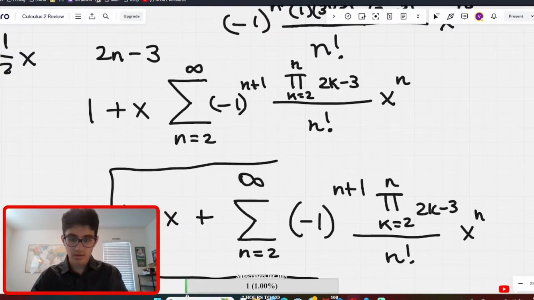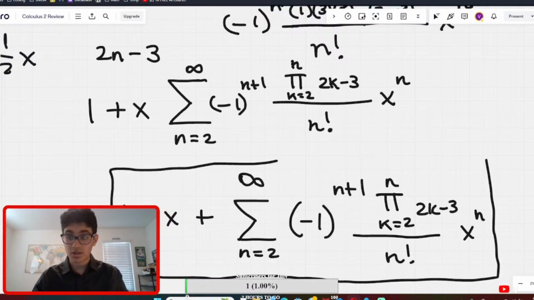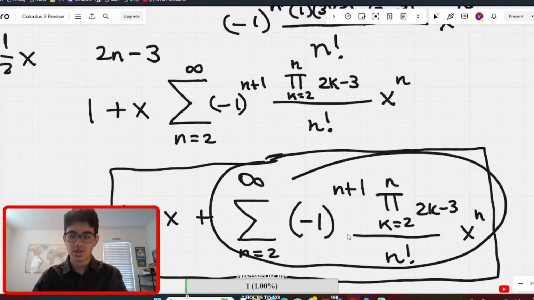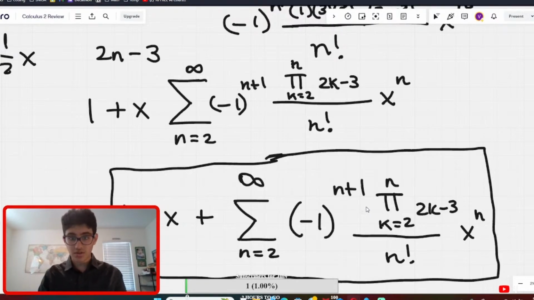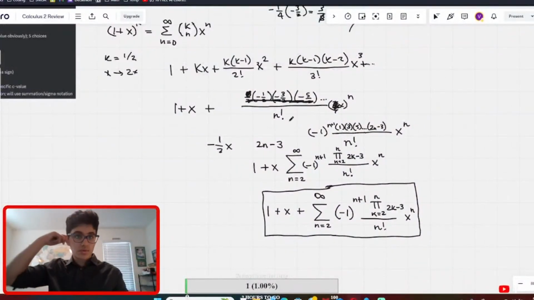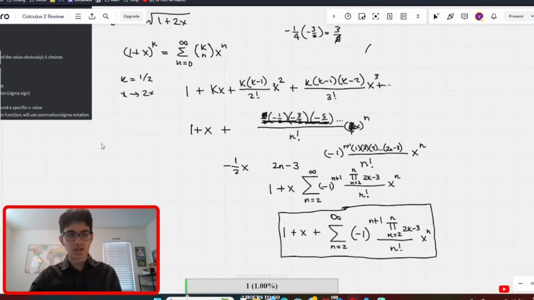Oh wait, the point is that this should be centered. So I think this is what the definition is, right? It'll look something like this. There'll be this over here, there'll be this, and then this becomes a derivative. Sorry, wait. I don't know why I showed this. This has nothing to do with it.